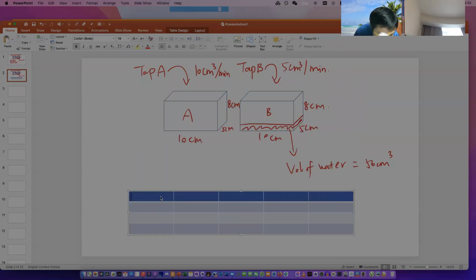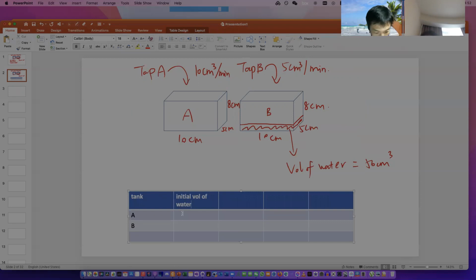Okay, so what do I have? I have tank A, and I have tank B. And after that, the initial volume of water for tank A is 0, and the initial volume of water in tank B is 50.